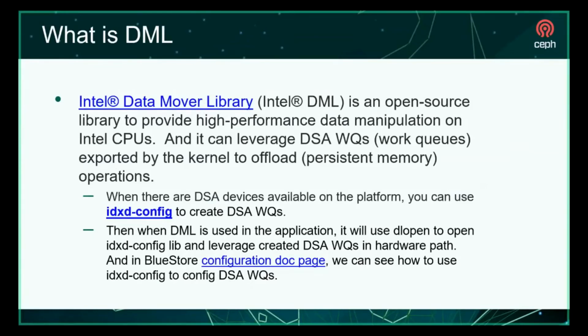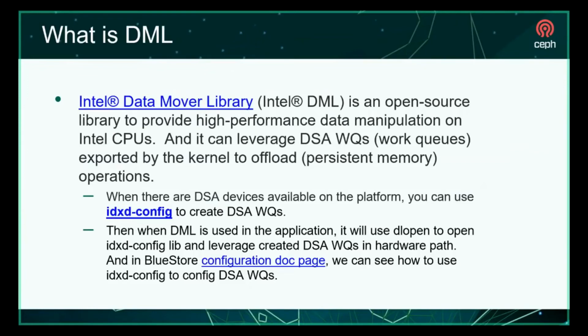And when there are DSA devices available on the platform, you can use accel-config to create DSA work queues. And when the DML library is used in the application, it will implicitly use dlopen to open the libaccel-config library and leverage the created DSA work queues in hardware paths.